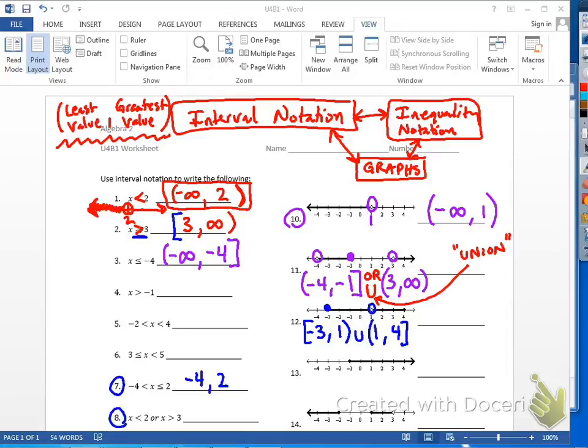Alright? So it ranges from -4 to +2. What do I do at -4? Parentheses. What do I do at +2? Because it's less than or equal to 2, it's bracket.